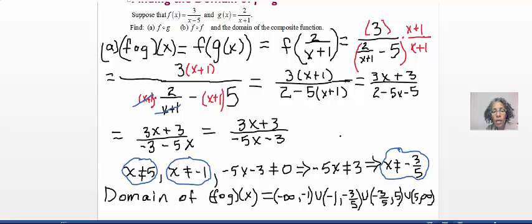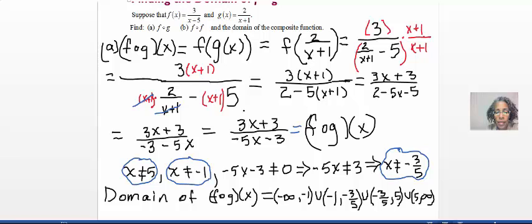Okay, so here's your composition, f of g of x. We were asked to find that.